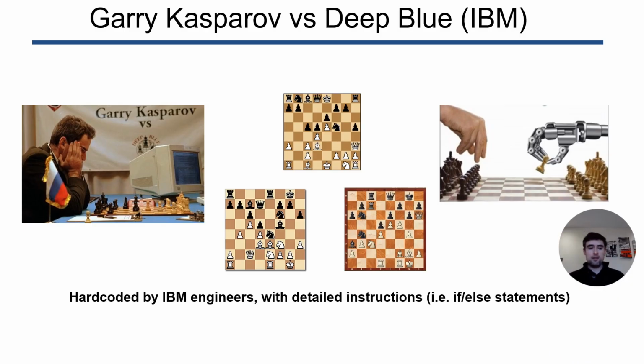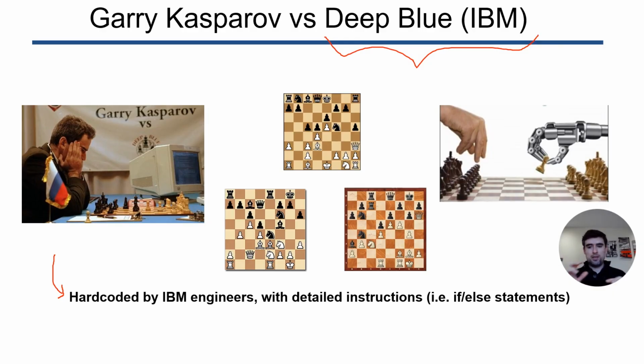Deep Blue was programmed by IBM engineers in the traditional way, or what I call the traditional way, which was expert systems. Again, I'm doing many simplifications here, but IBM engineers talked to professional chess players, and they would program the computer based on expert knowledge. And this would tell Deep Blue how to play the game.